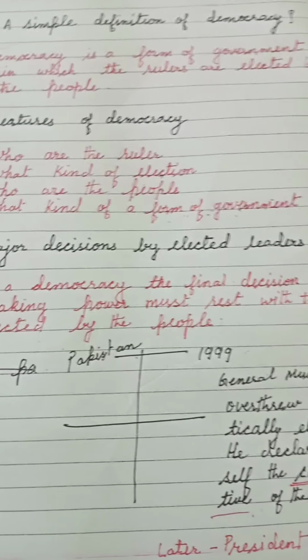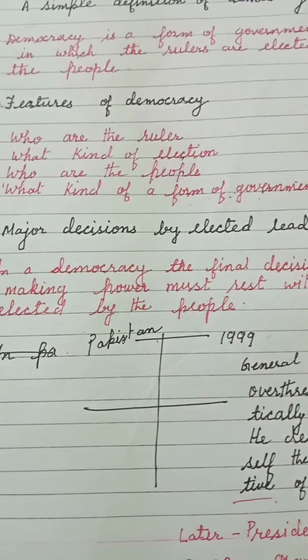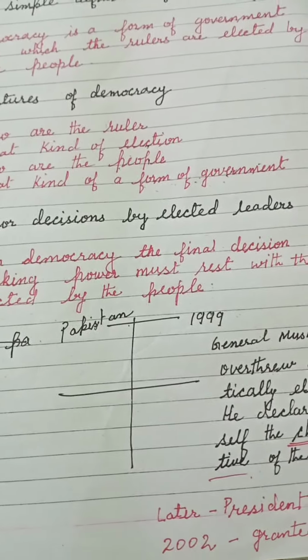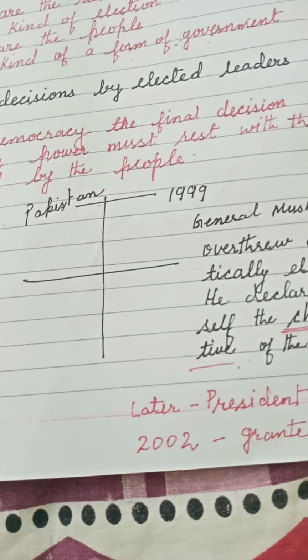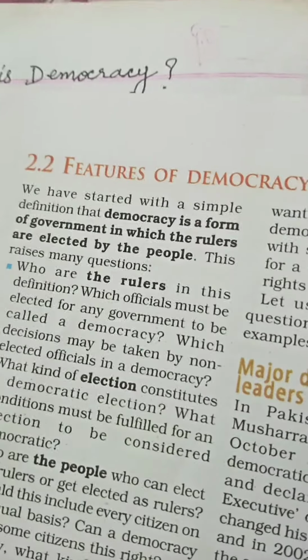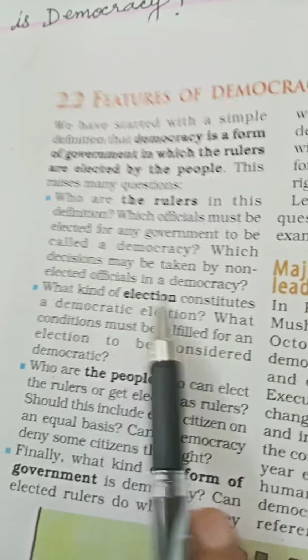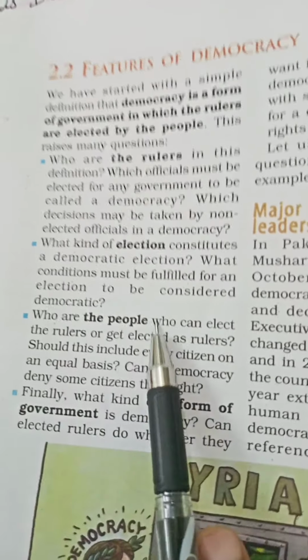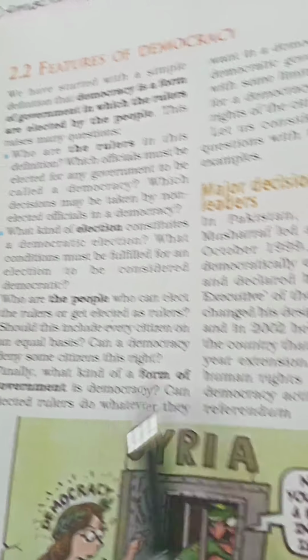Major decisions by elected leaders. Here we will take the example of Pakistan. According to our book, you can see the features of democracy: who are the ruler, what kind of election, who are the people, and finally what kind of form of government.